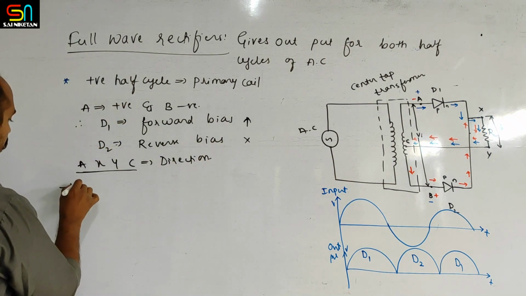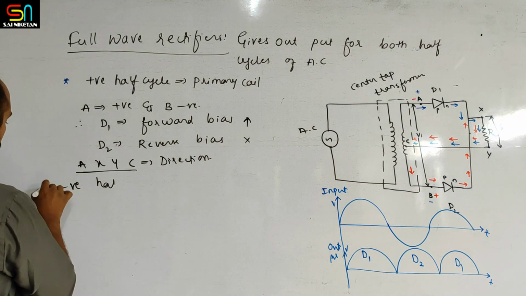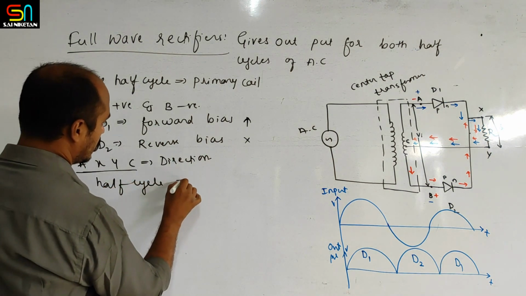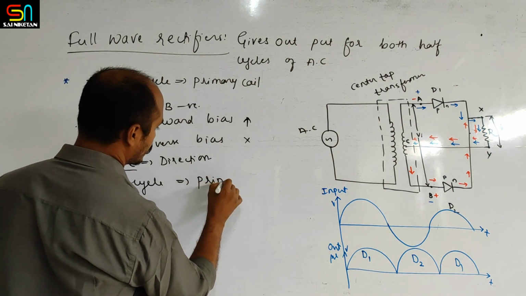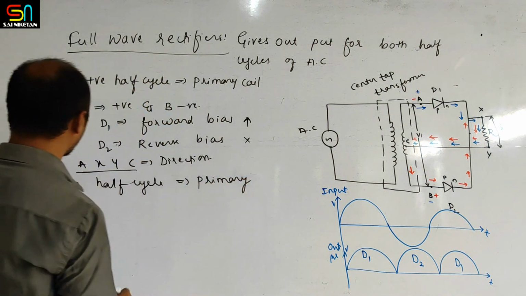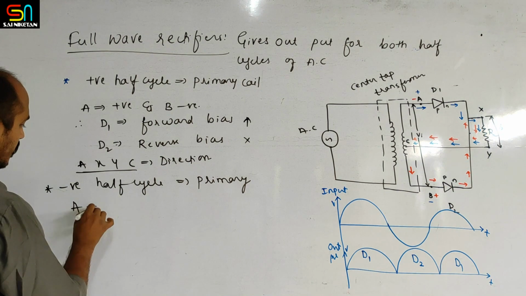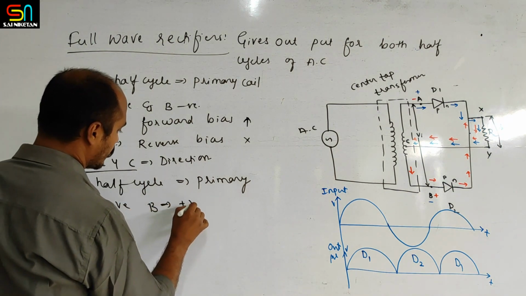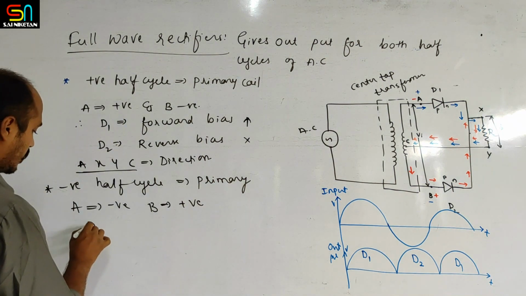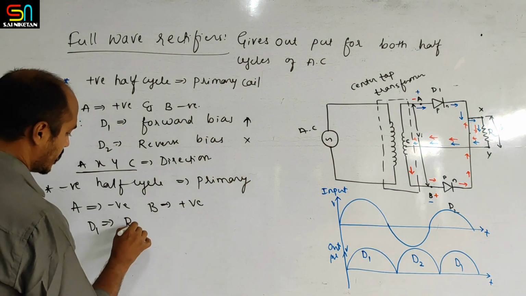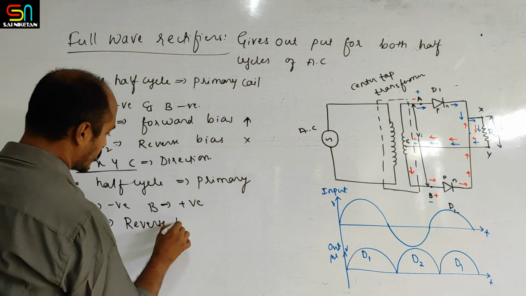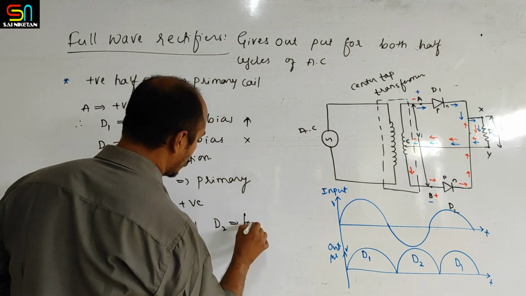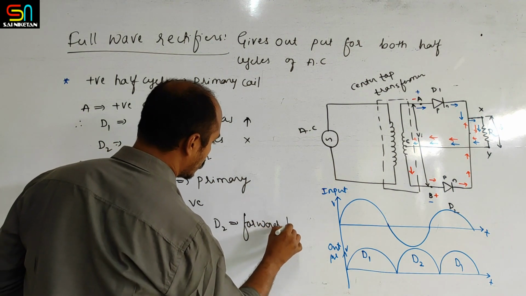When the negative half cycle flows in the primary coil, point A becomes negative and point B becomes positive. Because of this, diode D1 is in reverse bias and D2 is in forward bias.